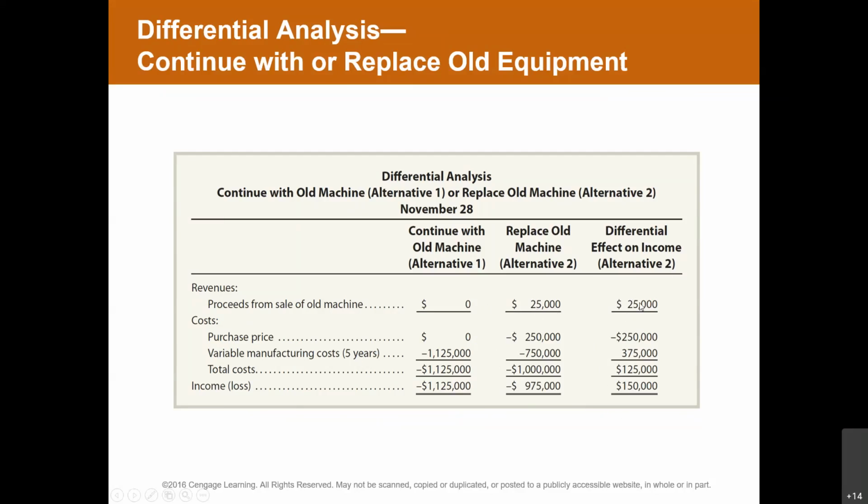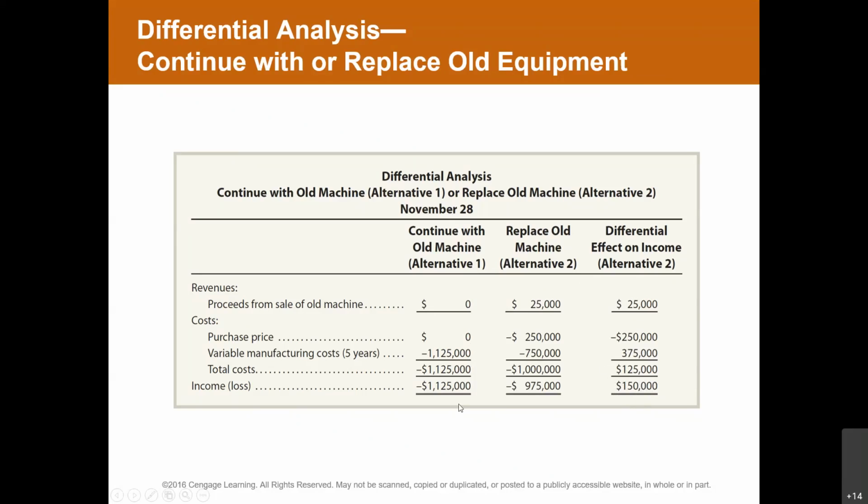So 0 minus 25 is 25. Right, and so forth and so on. So that's the whole concept. And if it shows that our difference is positive, or that our net is less than the other alternative, then we go with that decision.